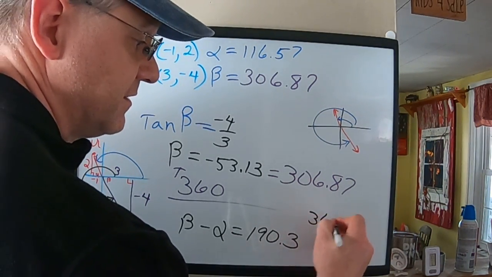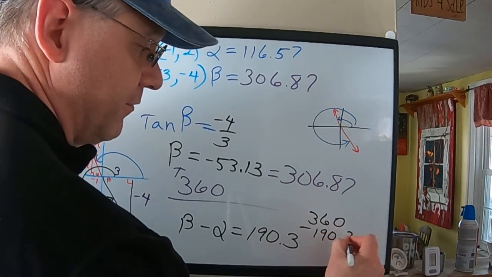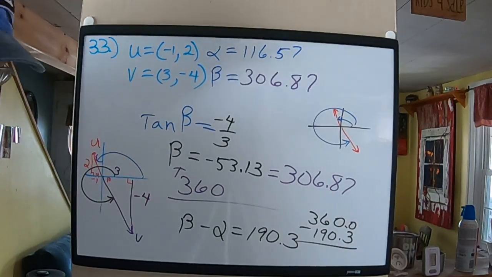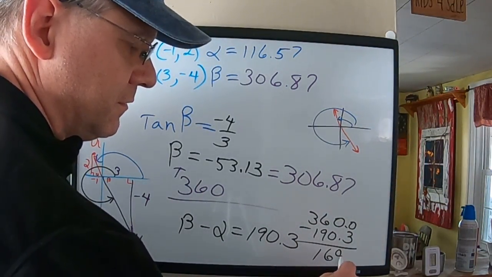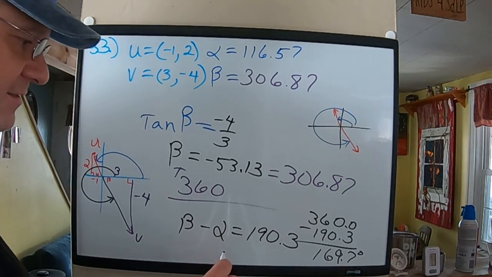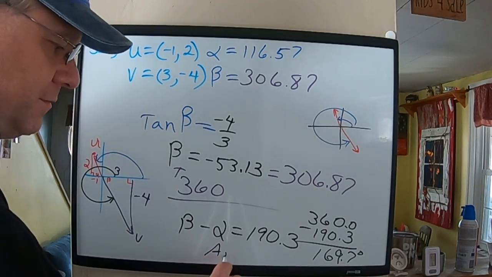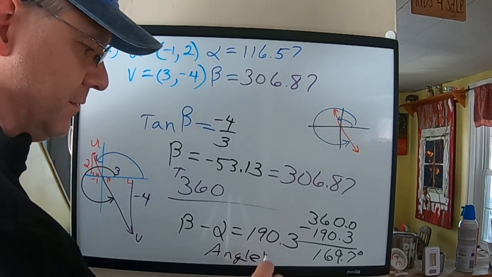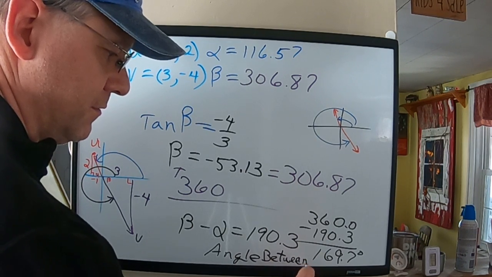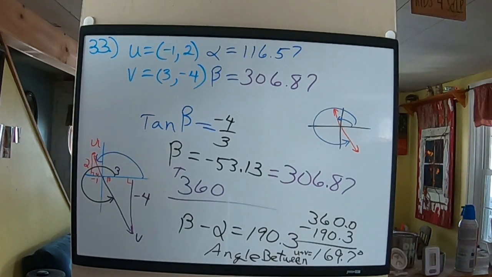So 360 minus the 190.3, and that's going to give us our value of 169.7 degrees. And that is the angle between U and V. And that's what they're asking for in number 33.